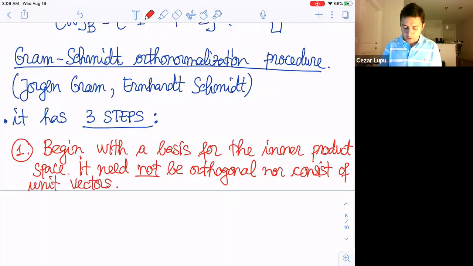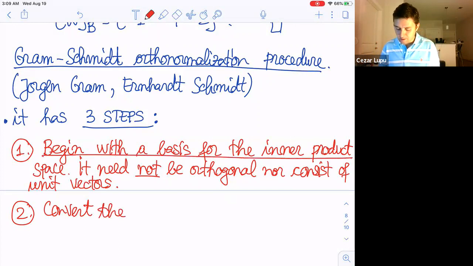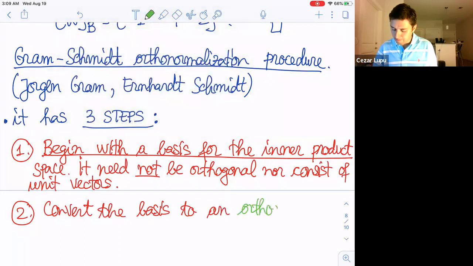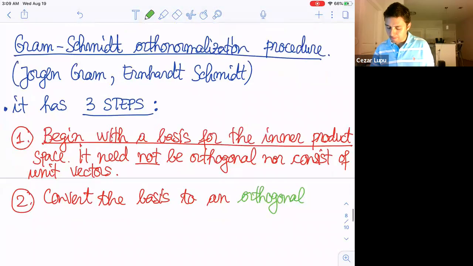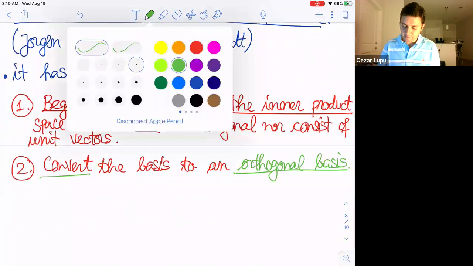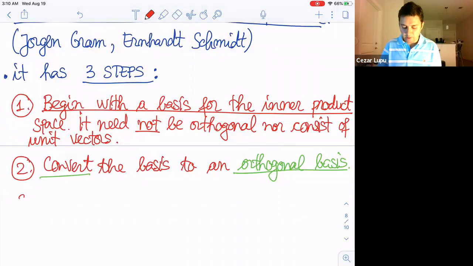Now the second step is to convert the basis. So we start with this basis, and we convert it to an orthogonal basis. This is the second step. And now guess what?